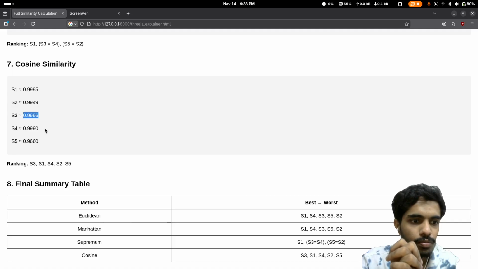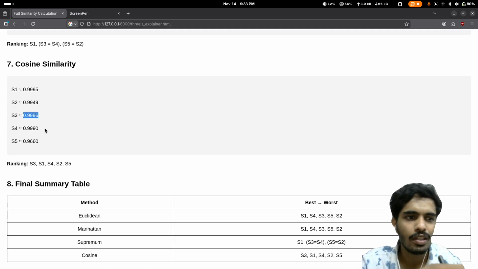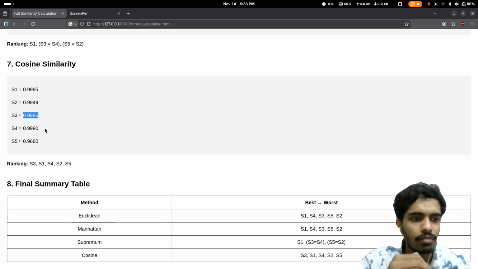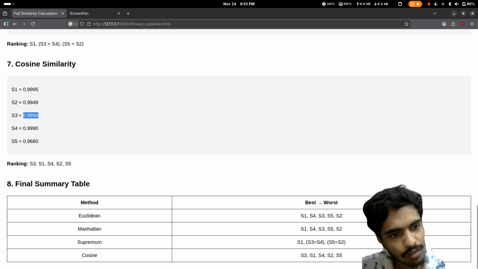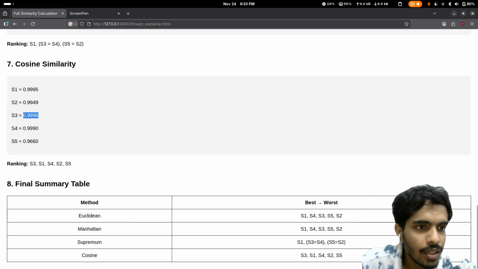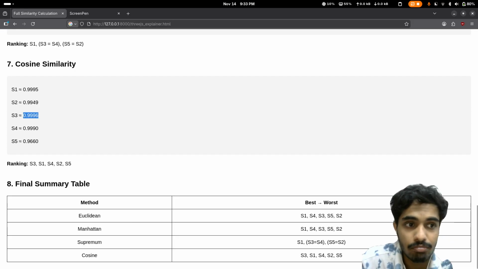So here also the ranking kind of stumbles, because here we can clearly see that S1 and S3 are very close to each other, but here also the ranking is kind of bad. Here S1 will be first and then S3 will come. But eventually we can see that S1 still is much more similar to the question, right?